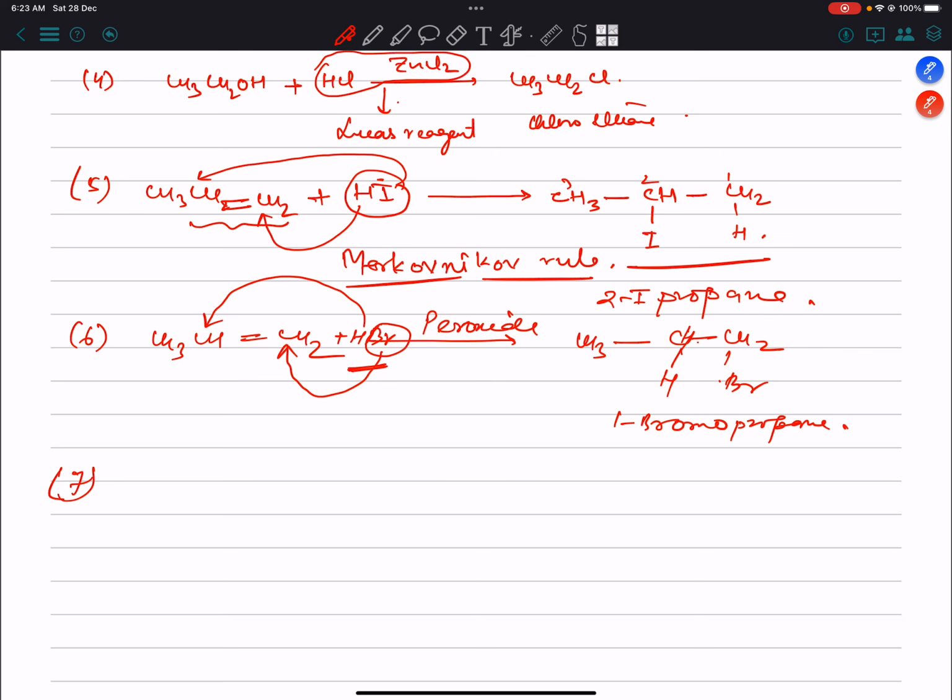Next reaction is when an alkene reacts with Br2 in presence of CCl4, then addition of one bromine takes place to each of the unsaturated carbon. So the product is like this.